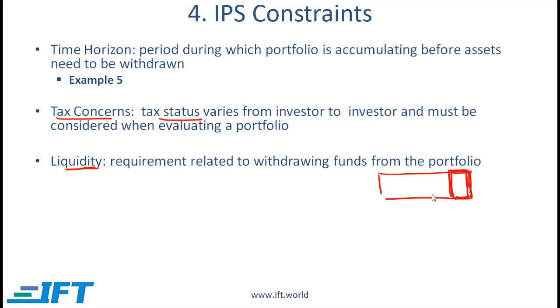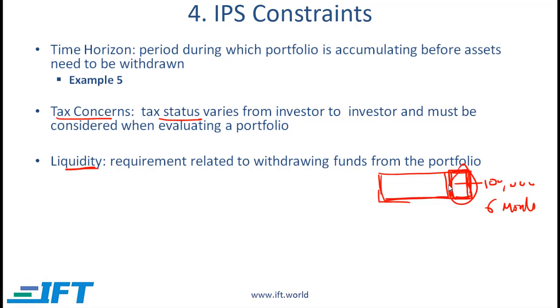I'll give you another example. Let's say that you know that you have a large tax bill of, say, 100,000 at the end of 6 months. And other than that, you do not foresee any liquidity requirements. It makes sense to put most of your portfolio into assets that will give you a high return in the long run, such as stocks.